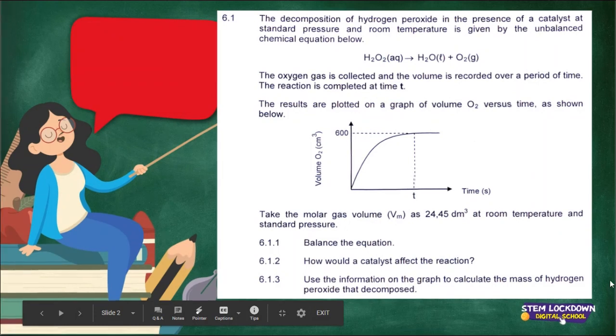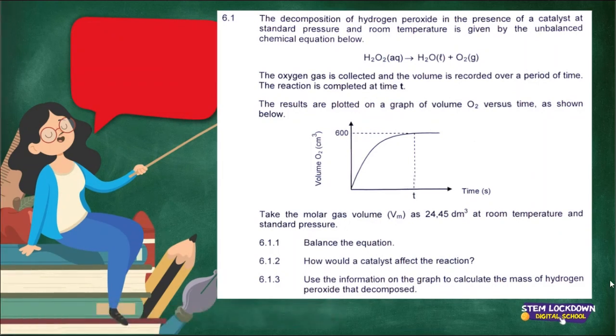All right, thank you. Now, let me just start. We were busy with this exercise last time, so I want us to go through it together. The opening sentence reads: the decomposition of hydrogen peroxide in the presence of a catalyst at standard pressure and room temperature is given by the unbalanced chemical equation below.